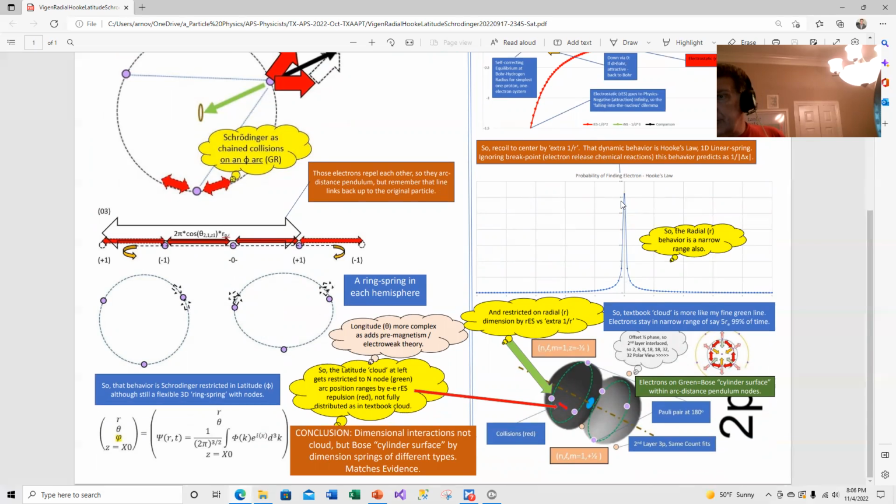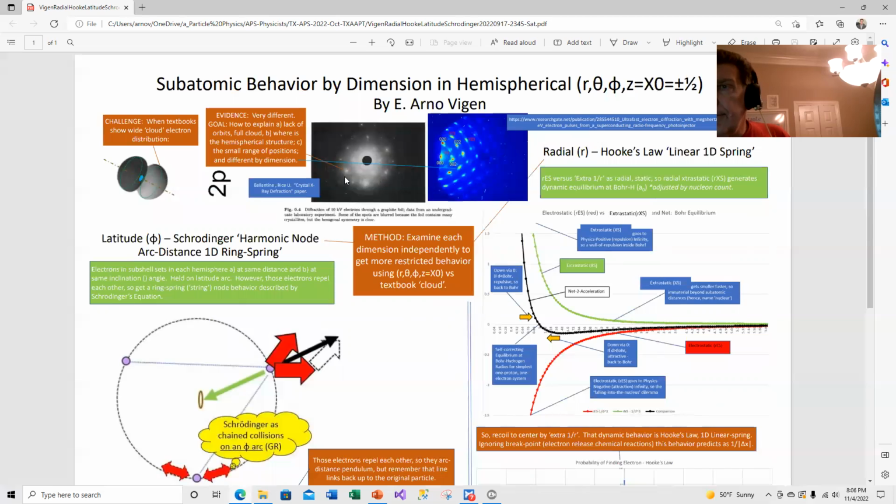So by the time you're done, you have a lot of electrons spending the majority of their time in the same place. Look at that. These are actual X-ray diffractions, and they look like electrons moving a little bit, but having the majority of their time in one space.